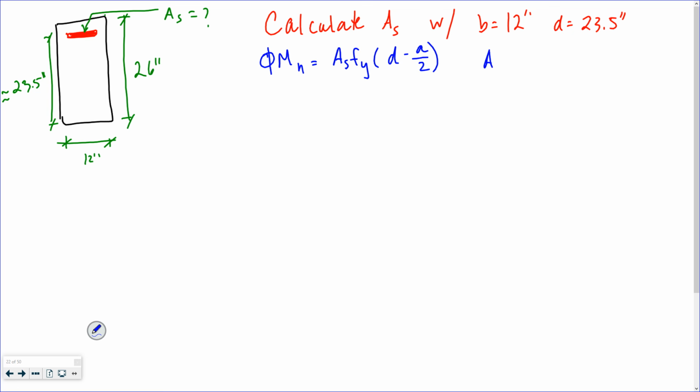And if I solve for AS, I get AS equals MU equals VMN. There we go. I get MU divided by V, right, that'd be my MN basically, FY times D minus A over 2.